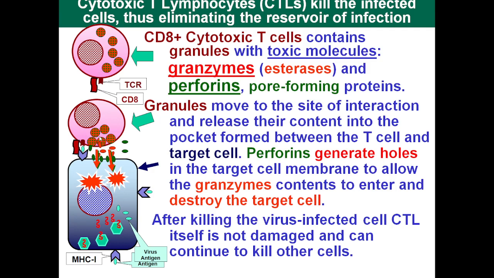In this case, activation of the T killer cell stimulates movement of the granules to the area that contacts the target cell. Cytoplasmic membranes of T killer cells and the lipid membranes of the granules containing enzymes and perforins are fused. Perforins are released to the cleft between cytotoxic cell and target cell and produce pathological pores in the lipid membranes of the target cell, the virus infected cell.